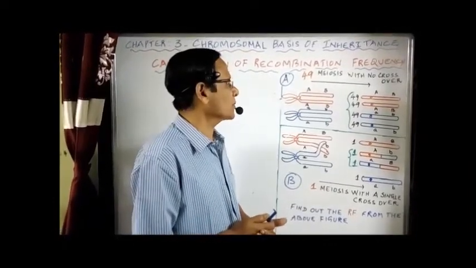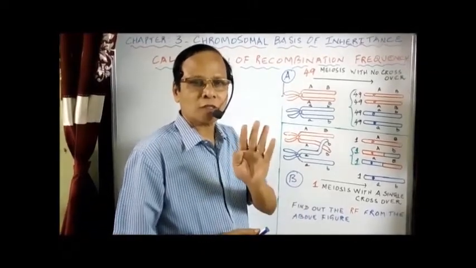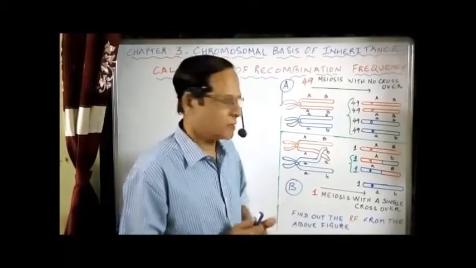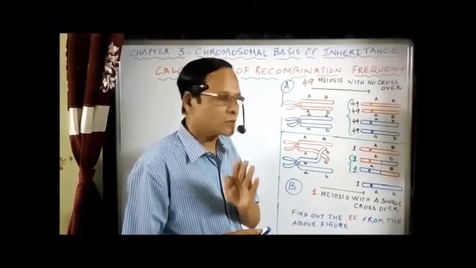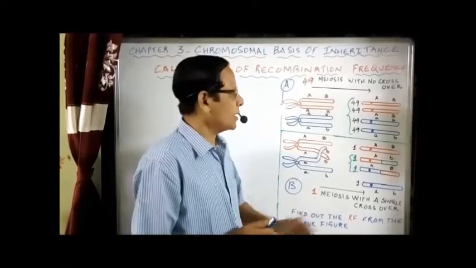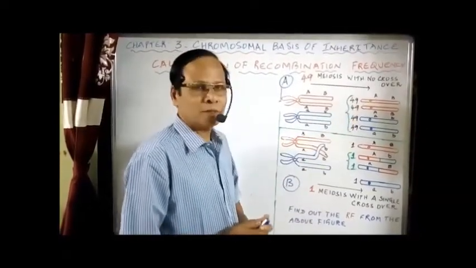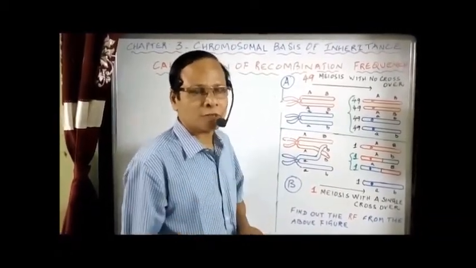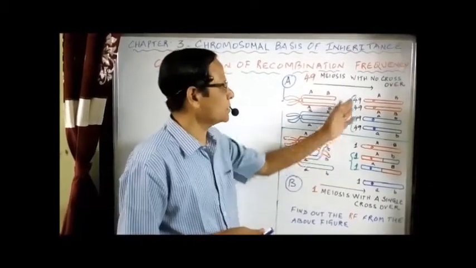You know that as a result of one meiosis, we receive 4 cells or 4 progenies. Here I represented the number 49, the number of progenies formed in each meiotic division.